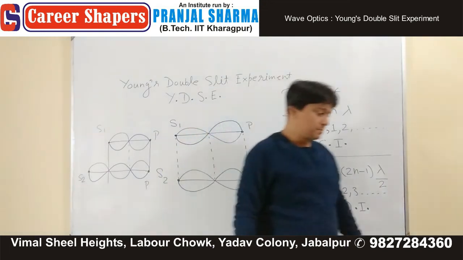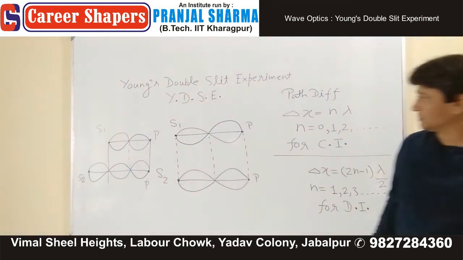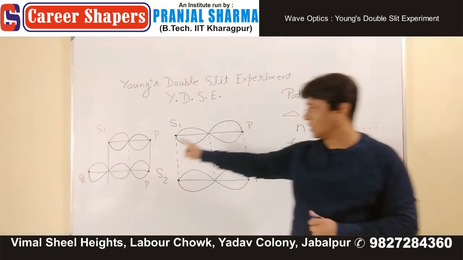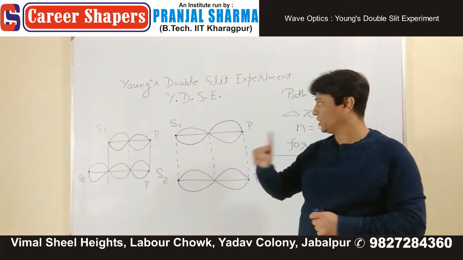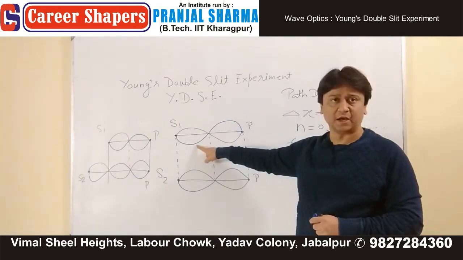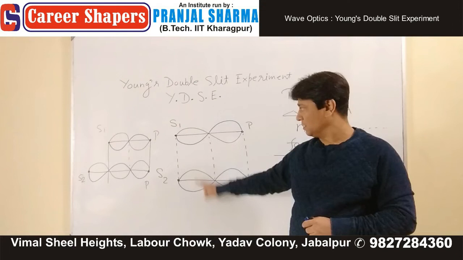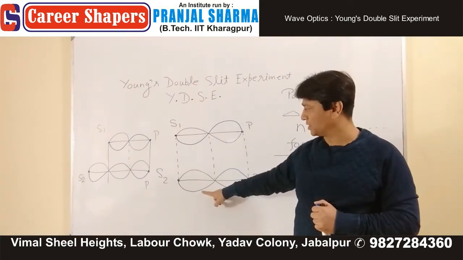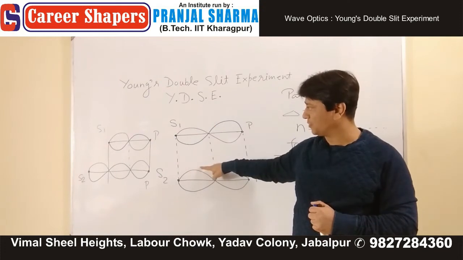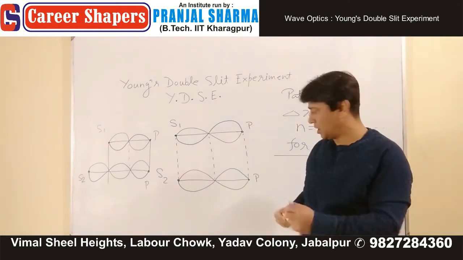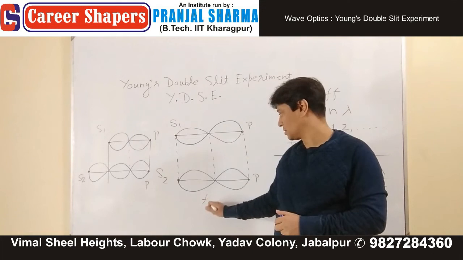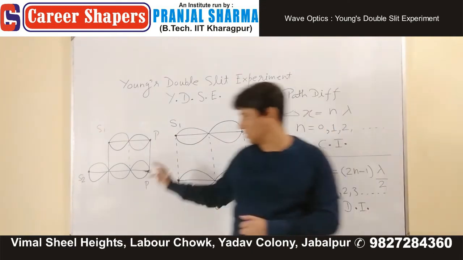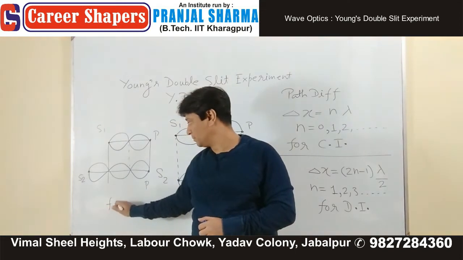Write down a few points, and before that draw this figure as well as this. Make sure that this is a different color, blue or whatever color you choose. This and this should be of same color. This and this should be of same color. We'll call it figure 1. This is figure 2.